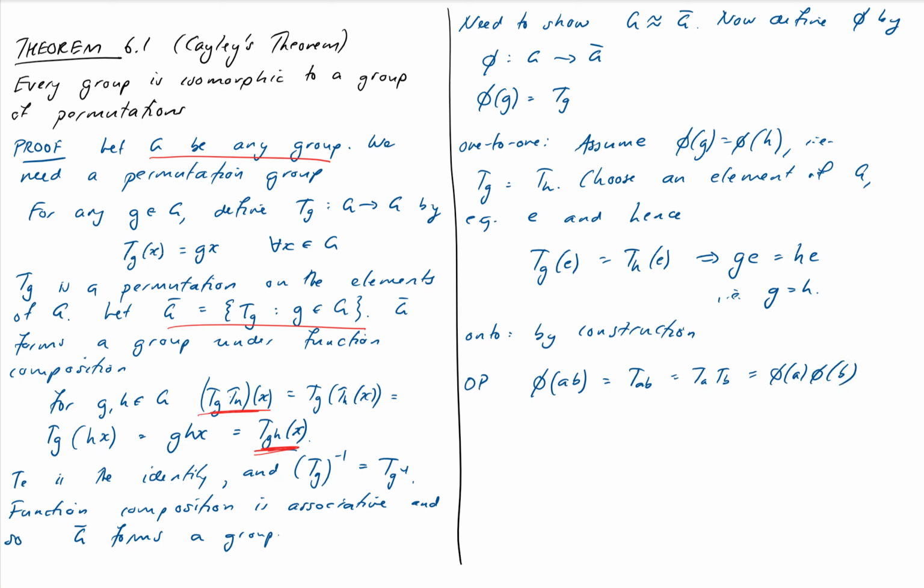Hence phi is an isomorphism, and G is therefore isomorphic to G bar. And just one little note, G bar has a name. It's called the left regular representation of G.